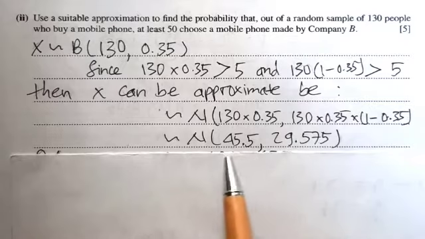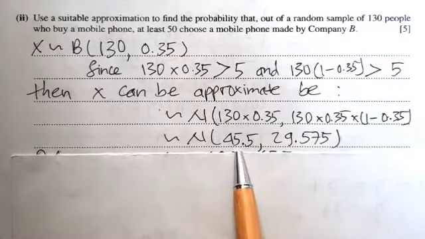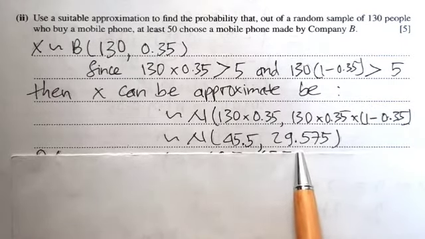The mean is 45.5, and the variance is 29.575.